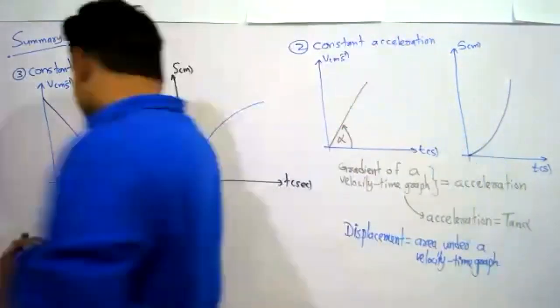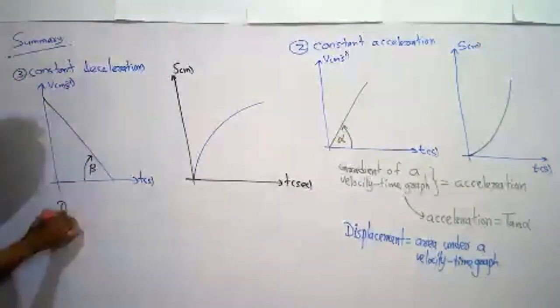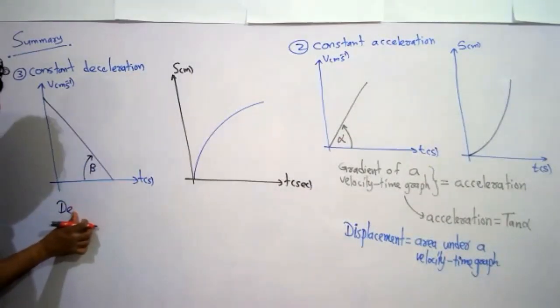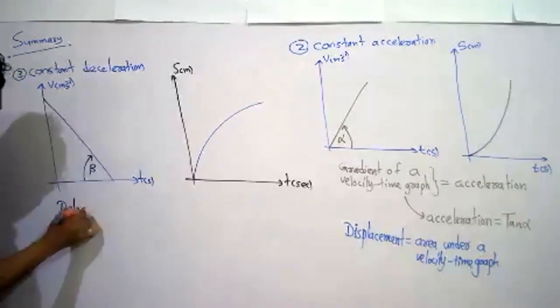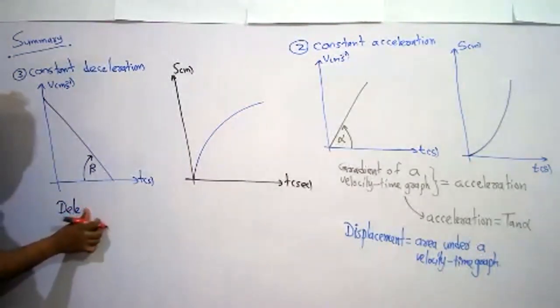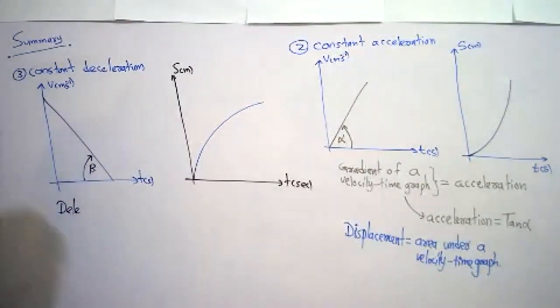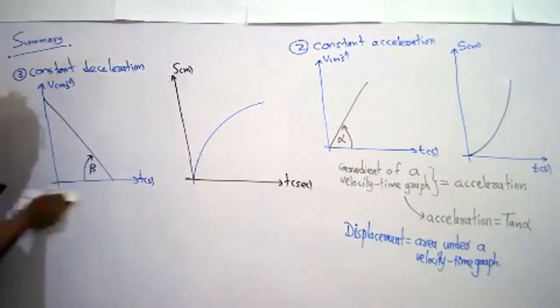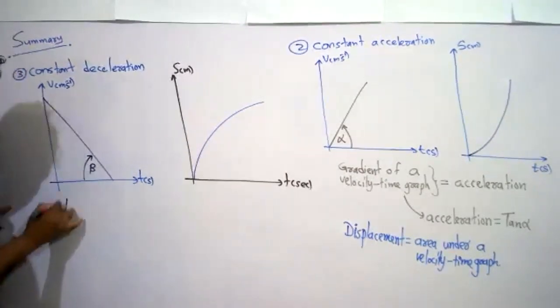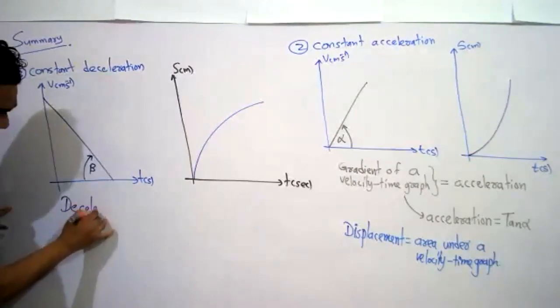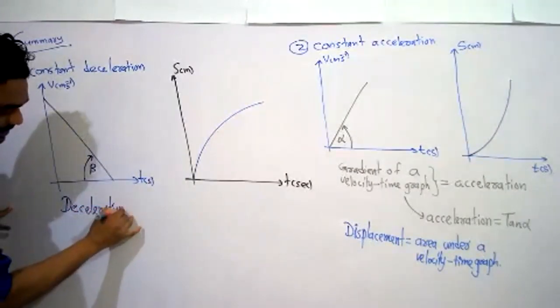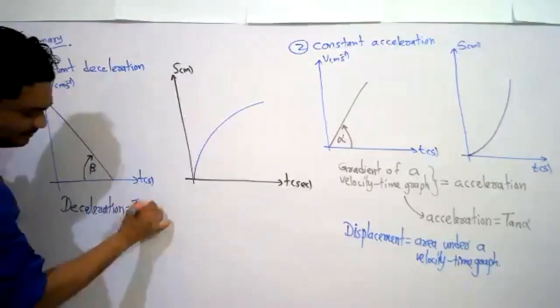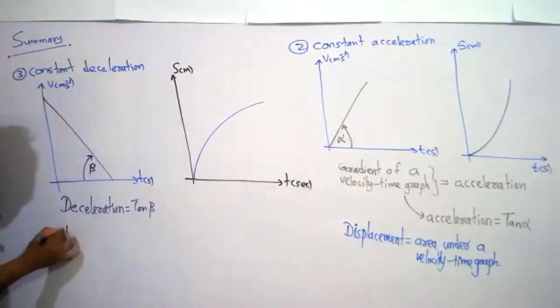Deceleration, very good. So still the relationship is true. Deceleration equals tan beta. What about displacement here?